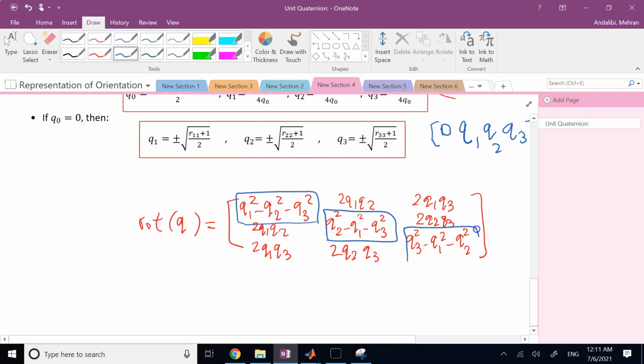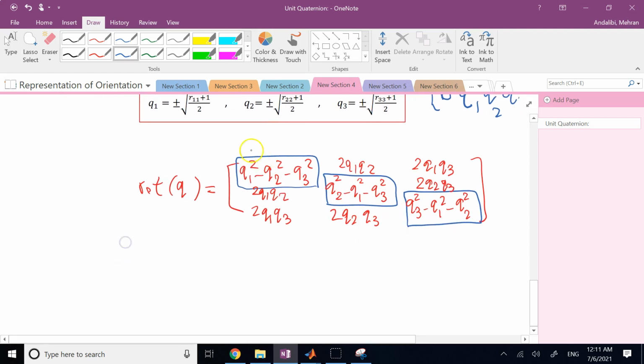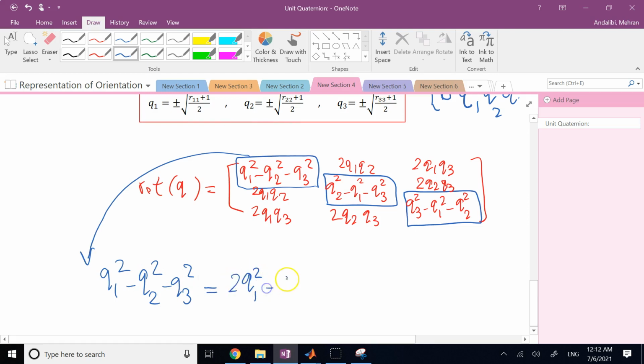Let's focus on these diagonal elements and see if they can give me Q1, 2, and 3. How? Well, if I look at this element here, I can write it as 2Q1 squared minus Q1 squared minus Q2 squared minus Q3 squared.